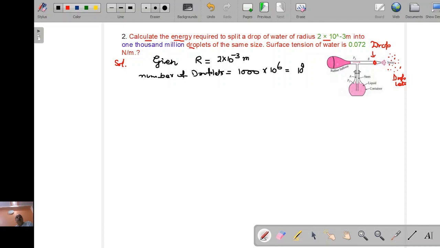And the surface tension of water is represented by T or by sigma. Sometimes in some books the surface tension is represented by sigma as well, and it is 0.072 Newton per meter.